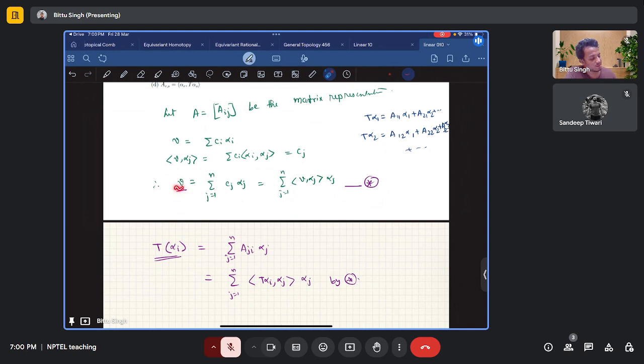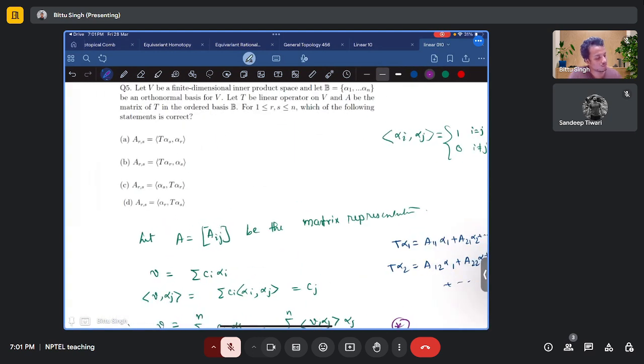So replace this V by T alpha i, then we get T alpha i is the same as this. But we also know T alpha i from the matrix representation, it can be written as this. This is by matrix representation, and T alpha i can be written as this by star. Now if we compare what we have, AJI is the same as the inner product of T alpha i and alpha j.